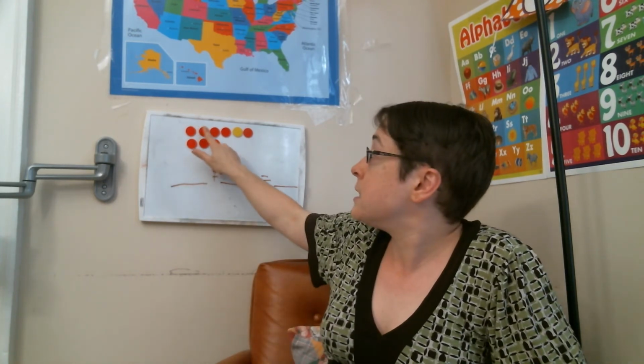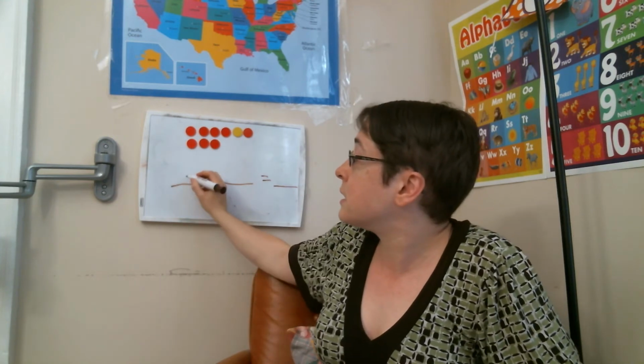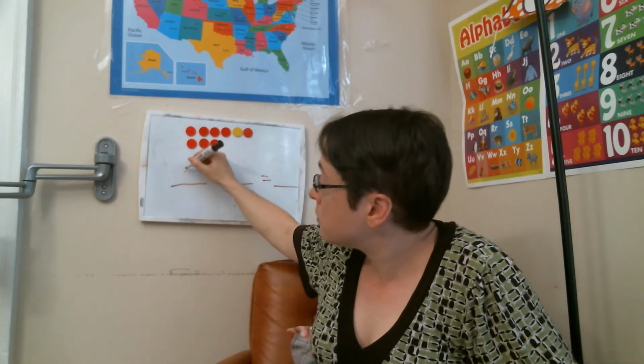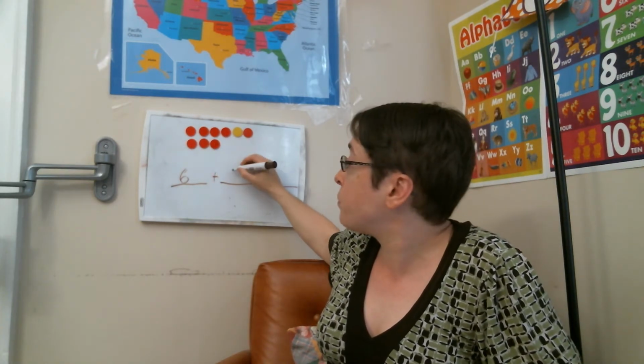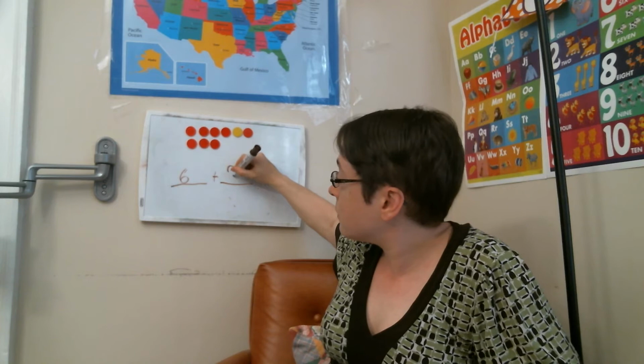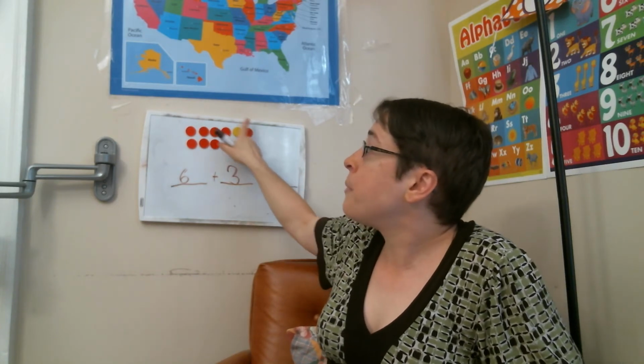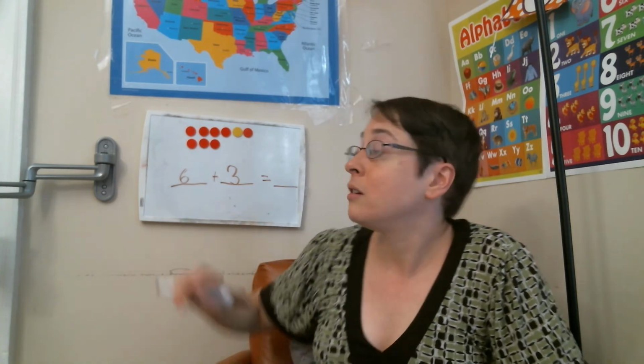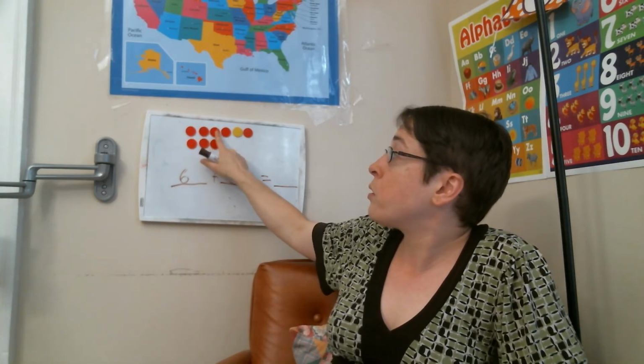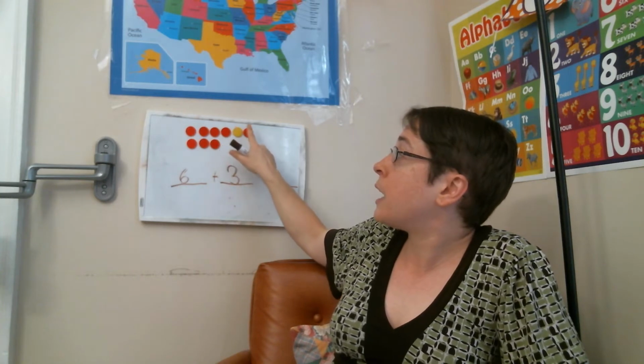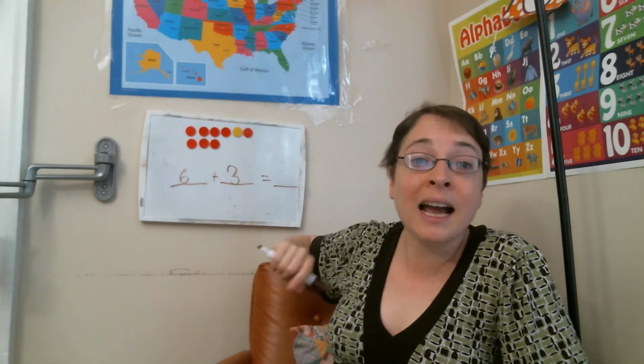So let's put those numbers in the number sentence. 6 bears sleeping plus 3 bears are playing. How many bears are there in all? 1, 2, 3, 4, 5, 6, 7, 8, 9.